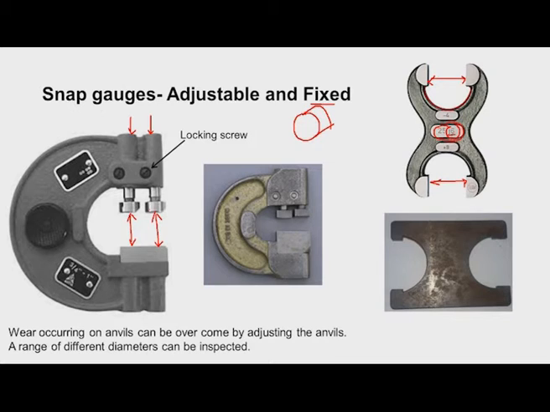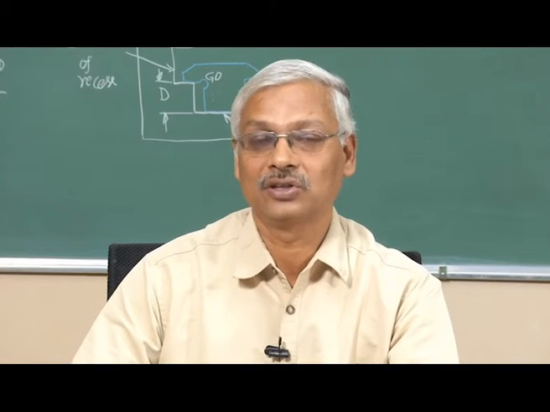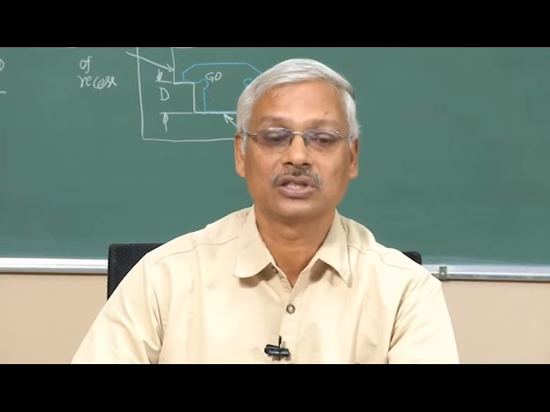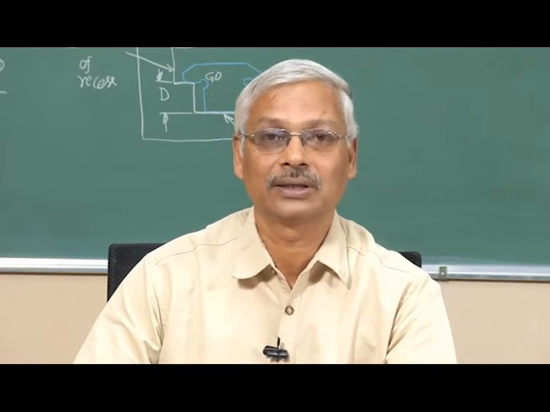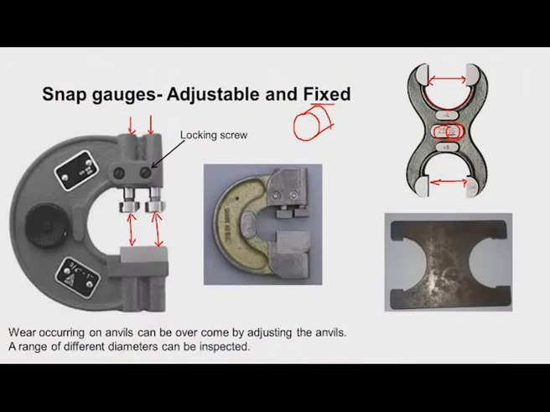To avoid such things, after adjustments are made by a proper authorized person, they will lock the screws and then they are waxed. While using this snap gauge the operator should see whether the seal is intact. If it is disturbed, then you should not use such gauges, they should be sent for calibration. Only after calibration and waxing they should be used again.